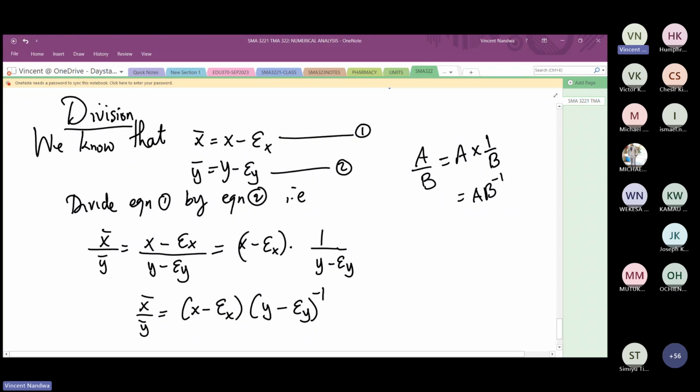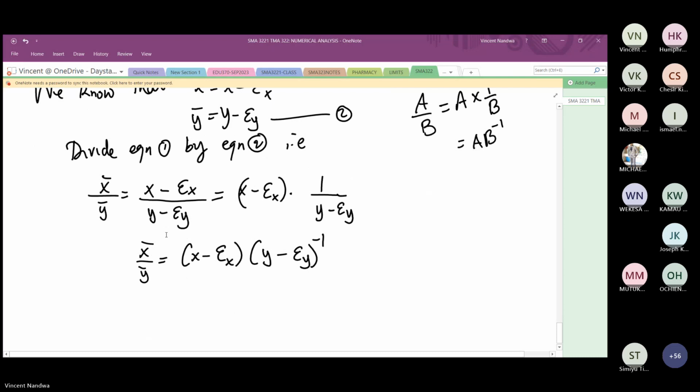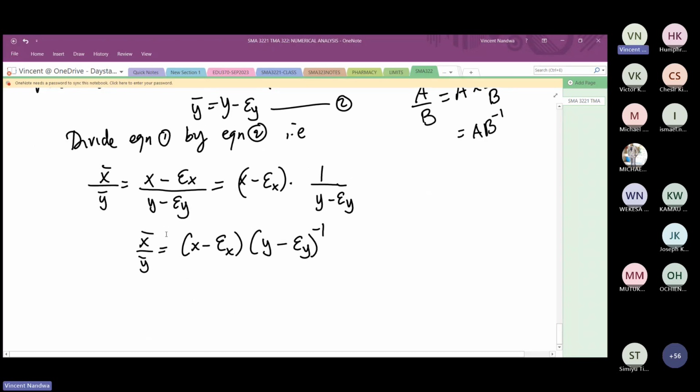It is the same thing we had from the start. Then when you are doing SMA 103 or SMA 104, any of those, you must have done what we call the binomial theorem.